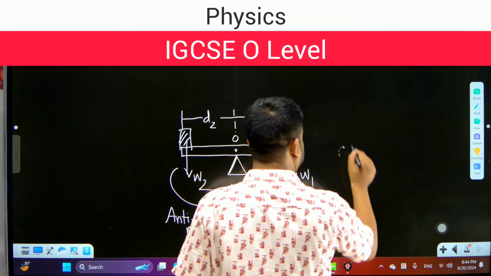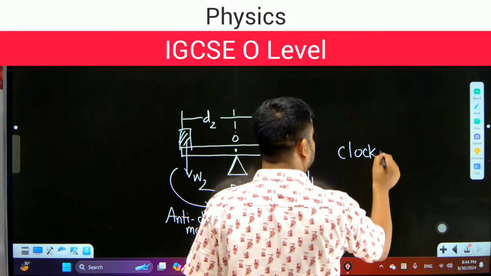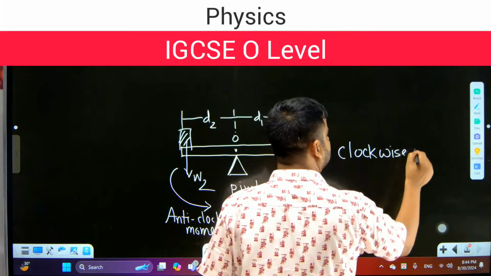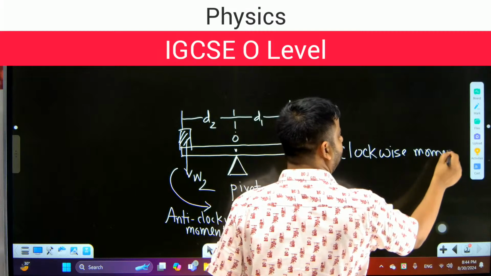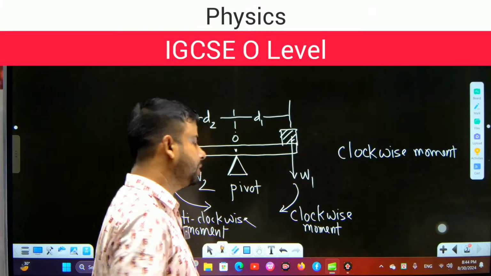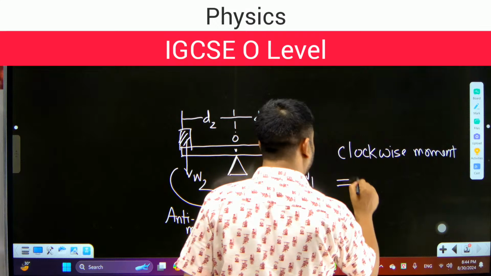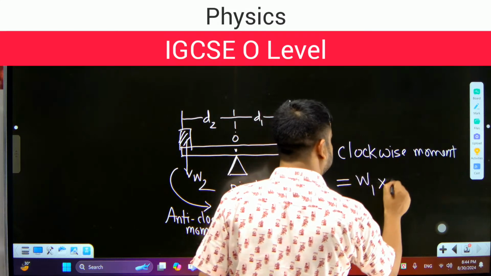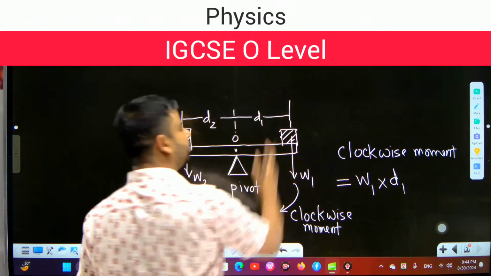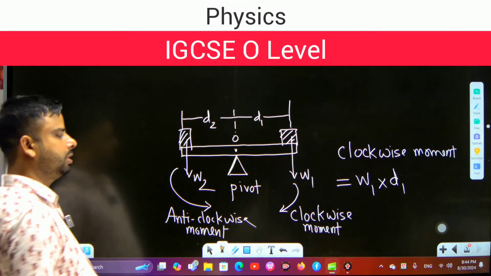So how can we calculate the moment? Remember, the formula for moment is force into perpendicular distance. Here the force is W1 and the perpendicular distance from the line of action of the force to the pivot is D1.